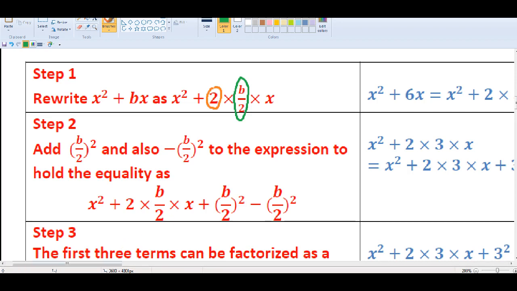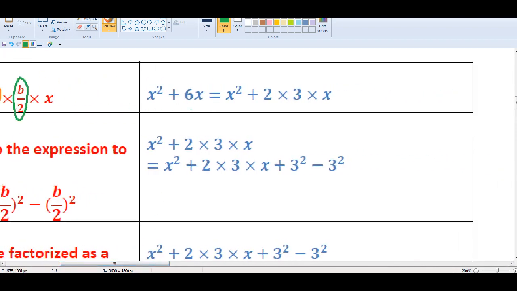Let's see an example like x squared plus 6x. What are you going to do? The first step, you write x squared plus 2 times 3x. You need to create a 2 and a 3. So you ask yourself, how could I rewrite that 6 into 2 times something?